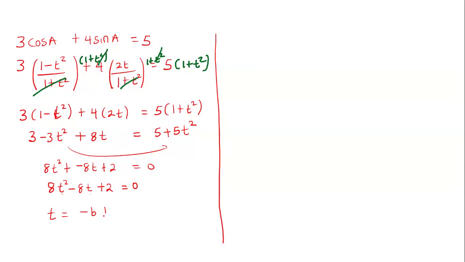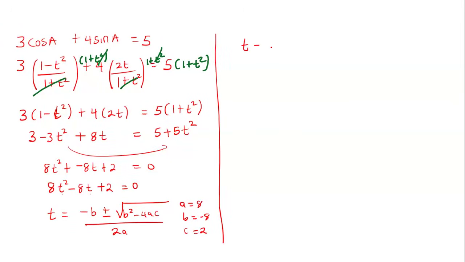That this is t equals negative b plus or minus the square root of b squared minus 4ac, all over 2a. And then you tell us that my a is 8, my b is negative 8, and my c is equal to 2. So don't go on and instead use x, because now you are solving for t.